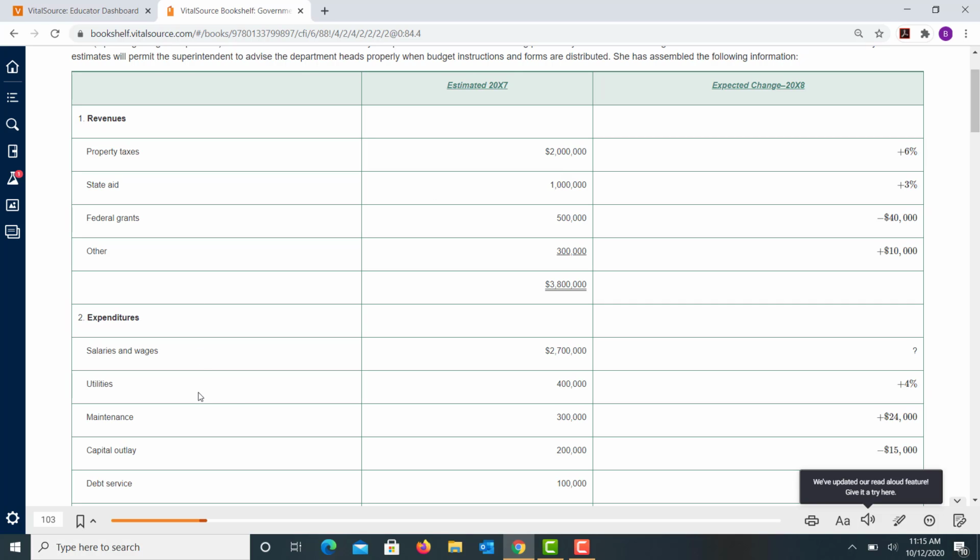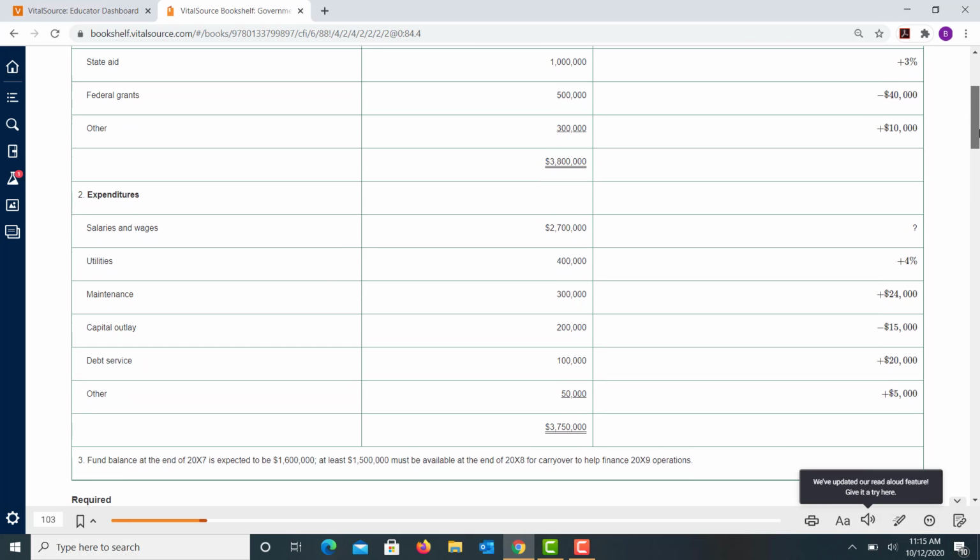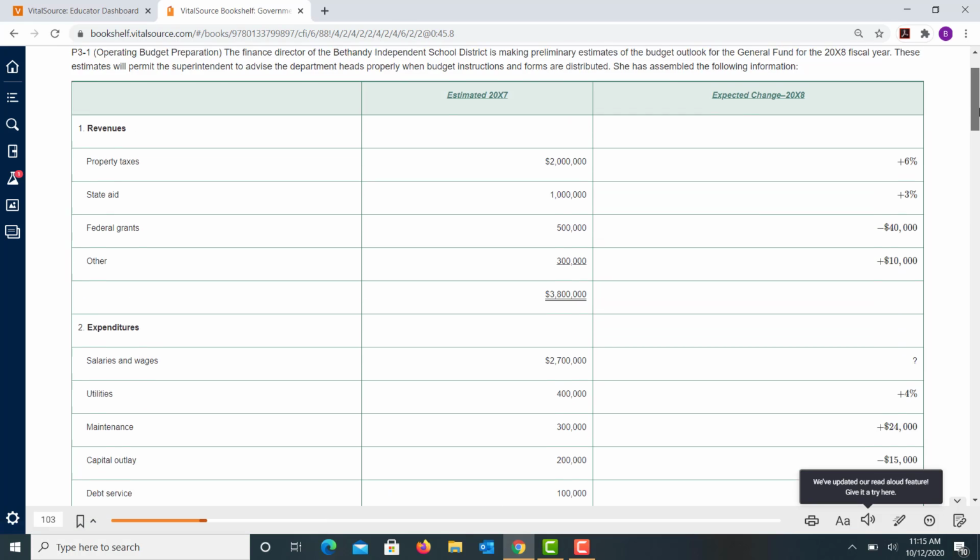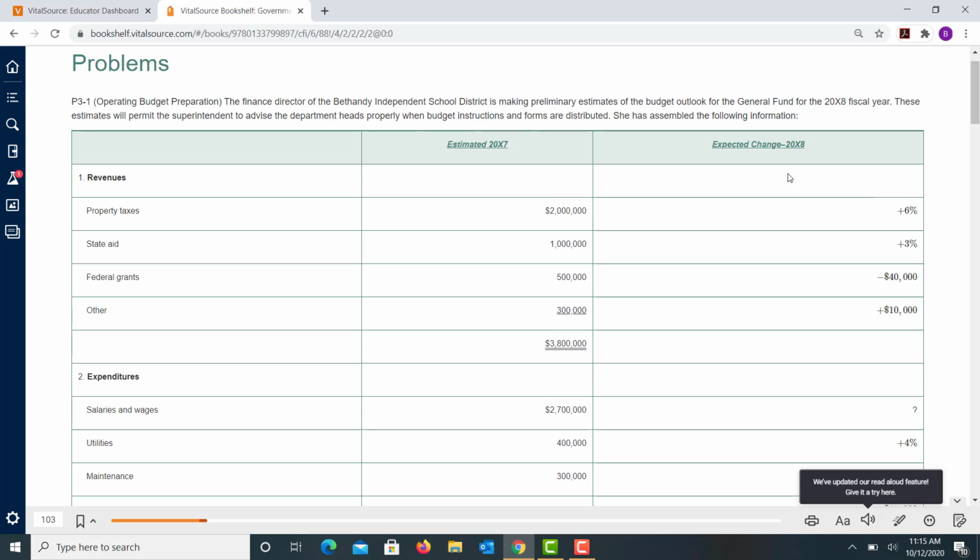And then this is the expenditure types, the salaries, utilities, maintenance, capital expenditures, and debt service. So you can see this is what they're expecting the change to be: an increase of 6% for property taxes, 3% for state aid, minus 40,000 on federal grants and plus 10,000.